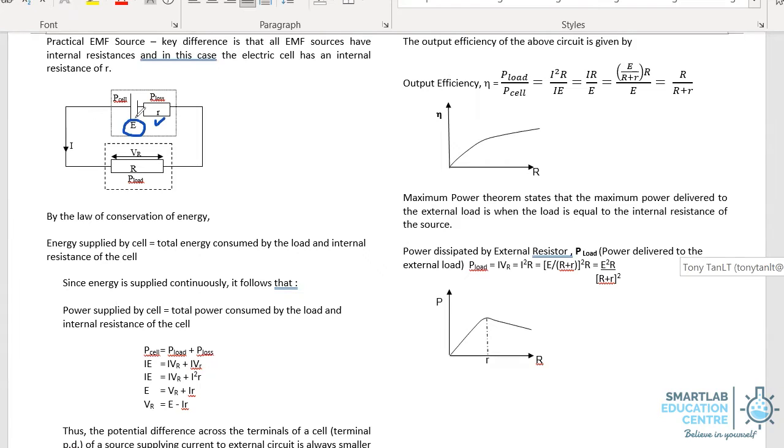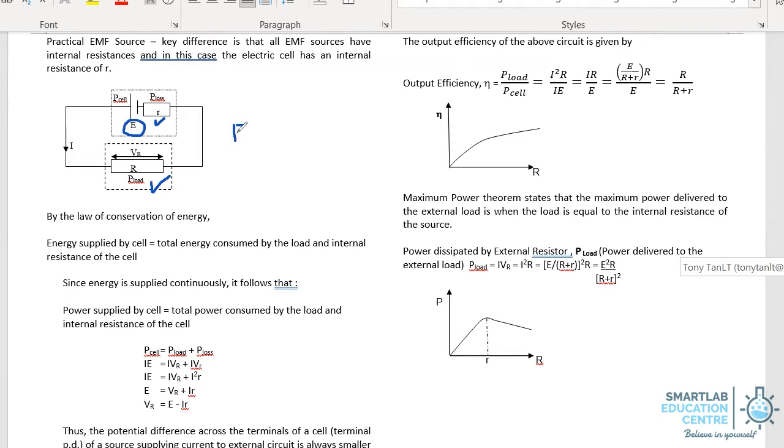So in these questions, we have an electrical source with an EMF of E and internal resistance r. And the external resistance is capital letter R. So with that, the power dissipated by the cell is equal to the power dissipated across the load and the power loss in the internal resistance. So from this, we can derive the expression here.